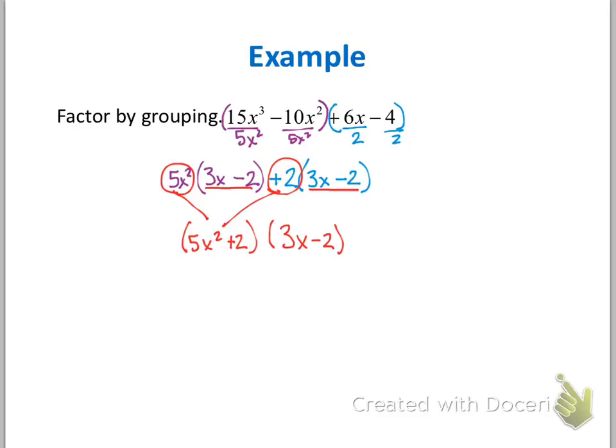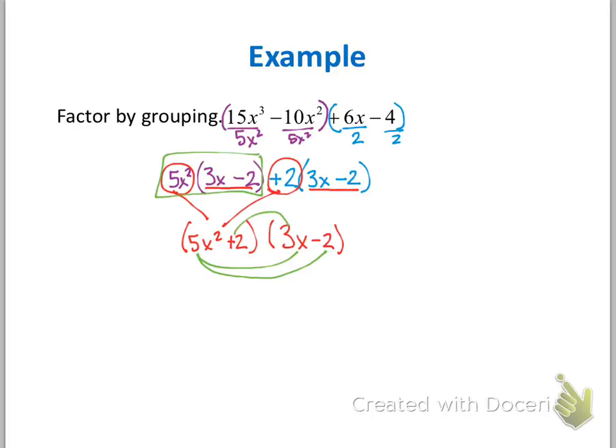Now, why did I do that? Well, what I want you to think about, looking at this second set here, to go simplifying this instead of factoring it, I would do FOIL. First, outside, so I'm taking 5x squared times 3x and times 2, that's what this says.